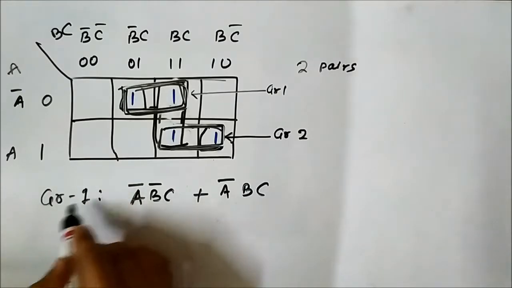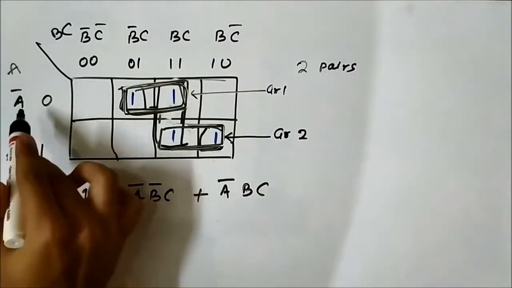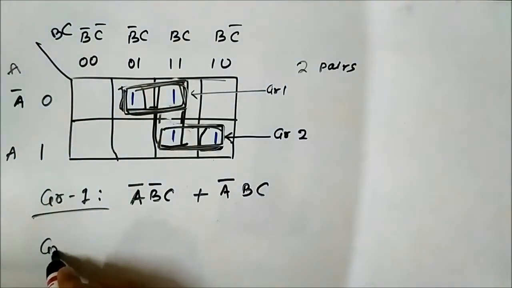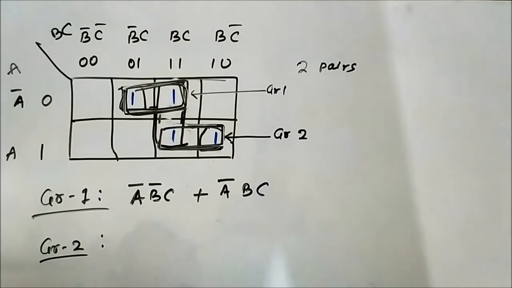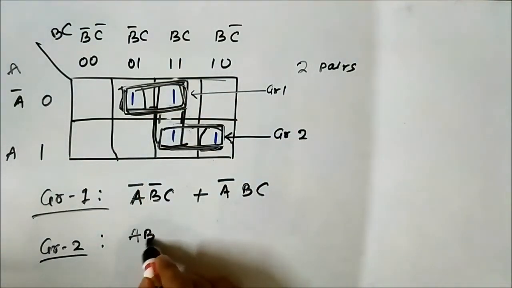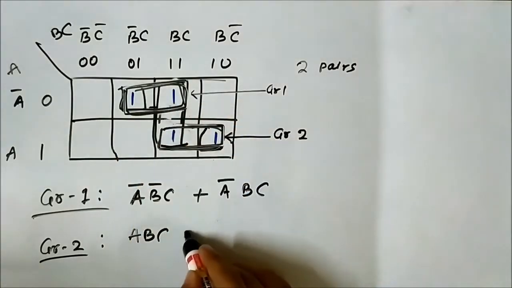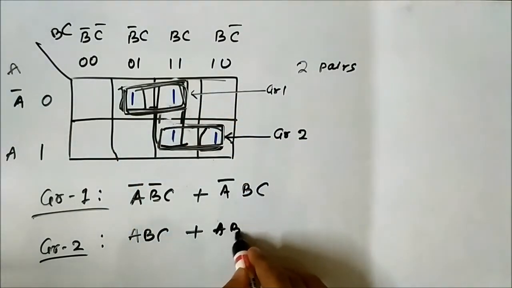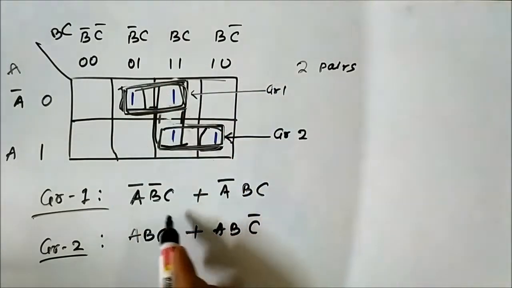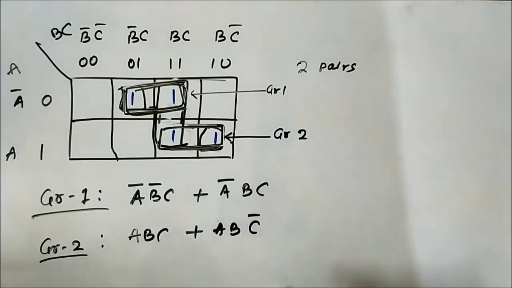Group 1: A bar B bar C, A bar B C. Group 2: A B C and A B C bar. Because it is an SOP K-map, that's why we are writing it in SOP form.